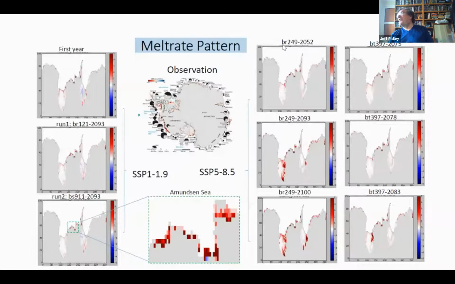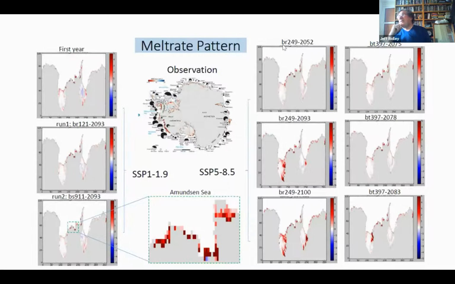But later on in the run, you're getting very strong melt in the Ross ice shelf. There are just two examples of the ensemble on the right for the high melt scenario. Both of them show Ross ice shelf melting, but one of them shows a bit of Ronne ice shelf melting.